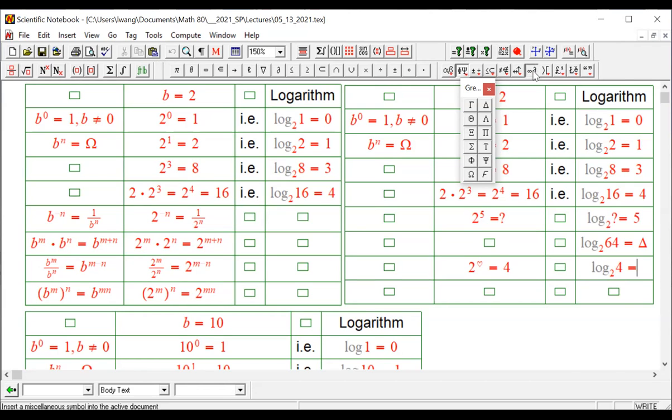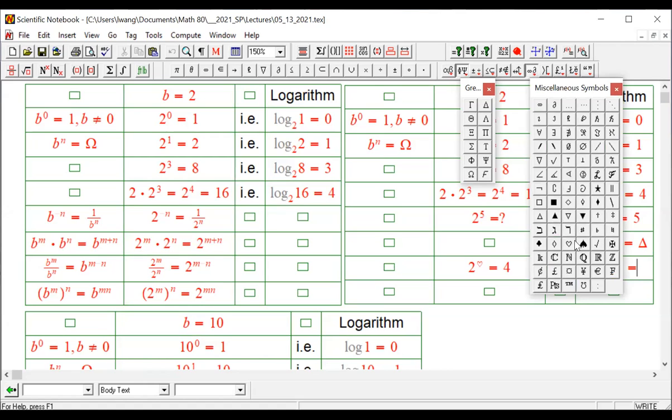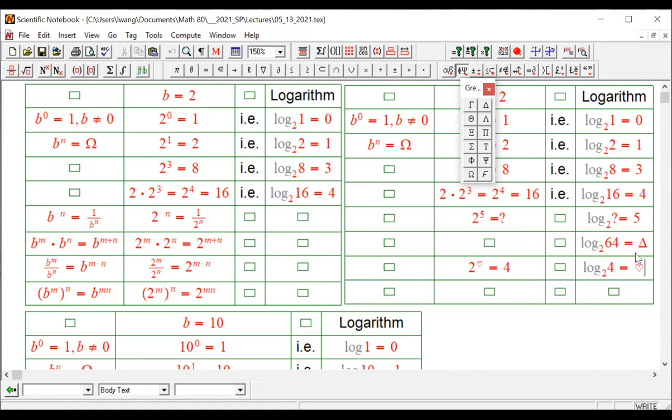So you need to decide the number for the unknown question mark. You need to fill out this part and one more.